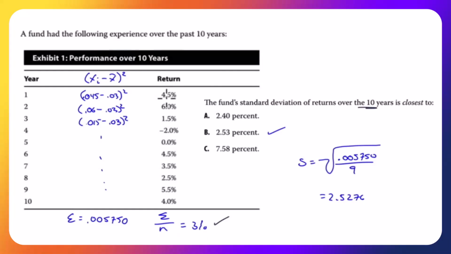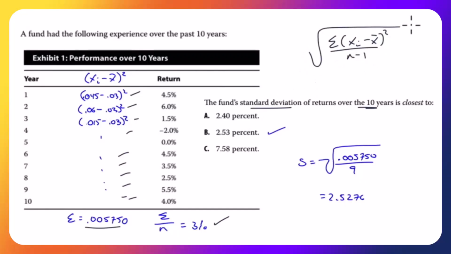Then we take 0.045 minus 0.03 and square it. Then we take 0.06 minus 0.03, square it. You square all of these, and then you sum them up. You'll get 0.00575. And we know that it is the sum of the squared deviations over n minus 1, and since it's standard deviation, we take the square root.